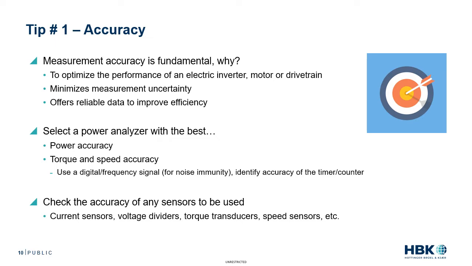And what good is the accuracy of your power analyzer if you haven't checked that you're using high accuracy sensors, including current sensors, since current is one of the more difficult signals to measure? Also, if you're using voltage dividers, you need to identify the accuracy of those sensors as well, torque transducers, speed sensors, and so on. So all that becomes just as important.